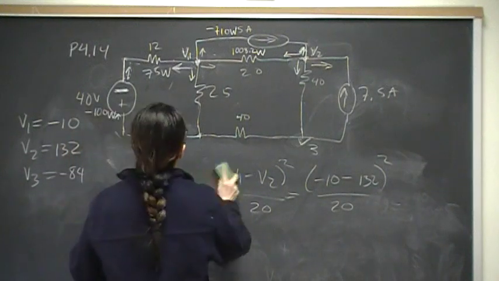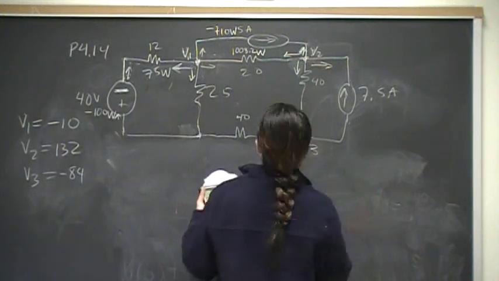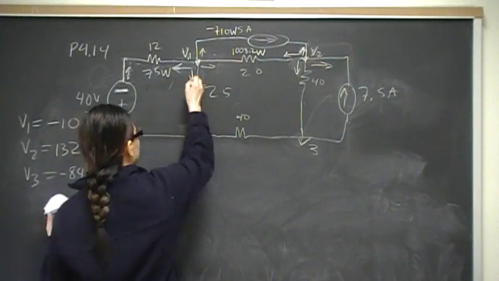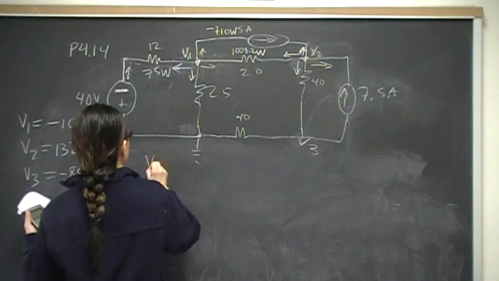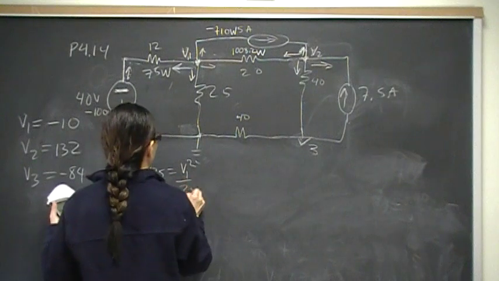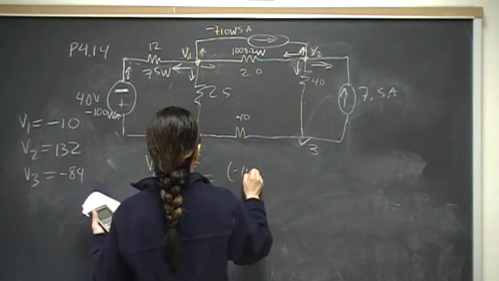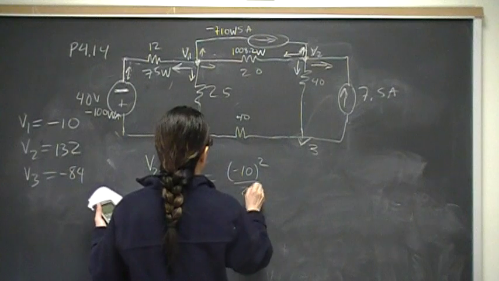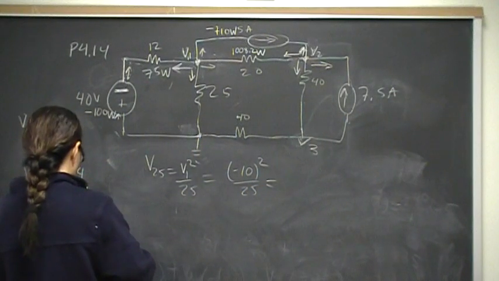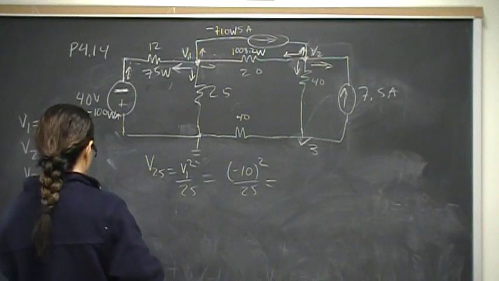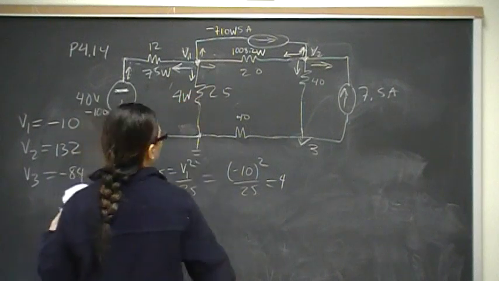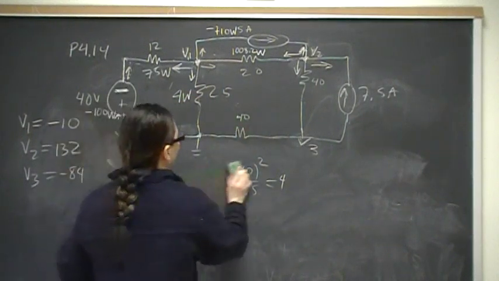Next one, let's do this one right here. So V sub 25 is going to be V1 squared over 25, and V1 is going to be negative 10 squared over 25. So 10 squared divided by 25. This gives me 4 watts. Let's do this guy here.